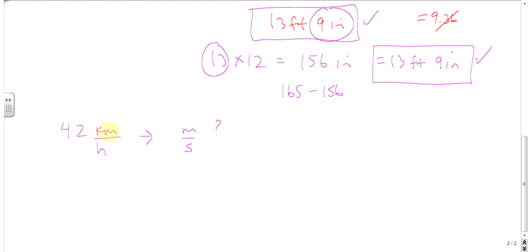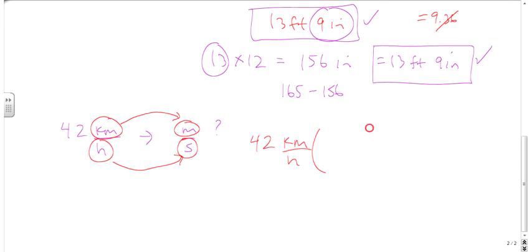I have two things going on here. I have a conversion on the top. I want to go kilometers to meters. And I have a conversion on the bottom. I want to go from hours into seconds. Okay, so just split it up in your head. Do one at a time. Let's just look at kilometers.